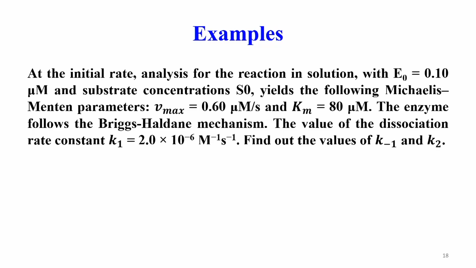Now, we can see one more example here. What it says is, at the initial rate analysis for the reaction in solution with E naught, an initial enzyme concentration of 0.10 micromolar, and substrate concentration S naught, yields the following Michaelis Menten parameters: Vmax 0.6 micromole per second, Km 80 micromole.